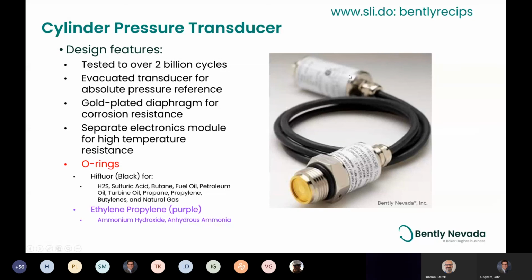And then the other thing we do is we separate the electronics module from the actual sensor so that we can increase the amount of temperature it can withstand, because the electronics are the fragile part. I also like to point out this O-ring. In this case, we have the black O-ring on, and it's great for everything except for ammonia service. When you order that transducer, you will get a purple O-ring with it as well. And that purple O-ring is to be used when you're using ammonia service.